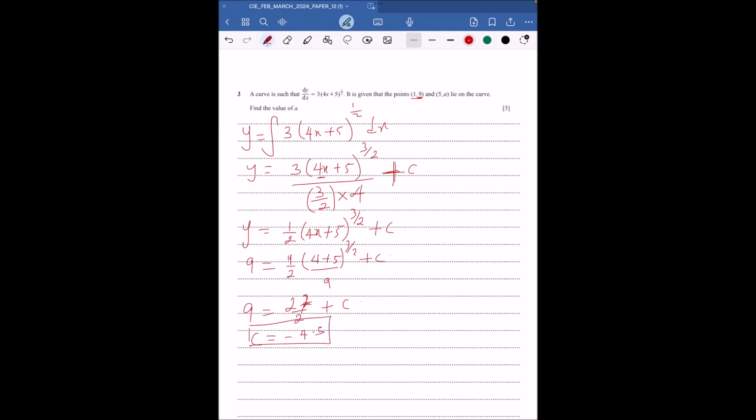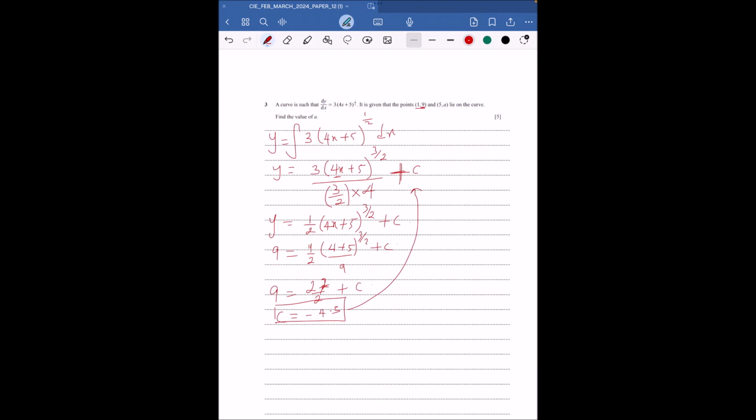So that's my c. So I'll put it back. That will give me y equals, so I already simplified that, 1/2 (4x + 5) to the power of 3/2 minus 4.5.